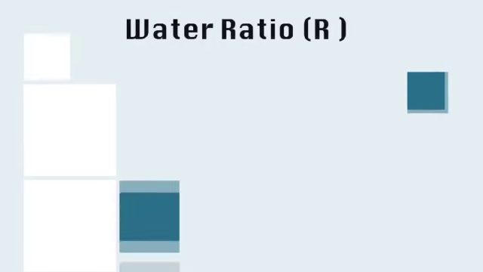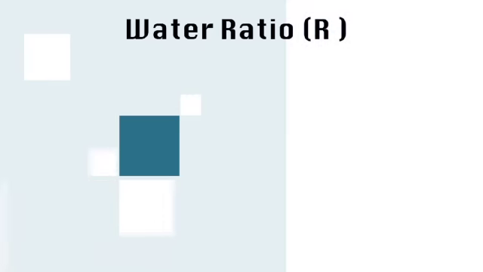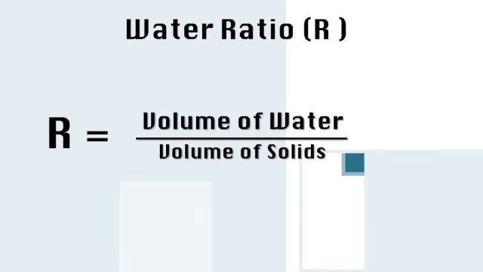Moisture content as a percent of the mass of the soil is not a true relationship of soil and water. The right relationship is the water ratio, which is the volume of the water over the volume of the solids. Normally, we express water as a percent of the solids mass.